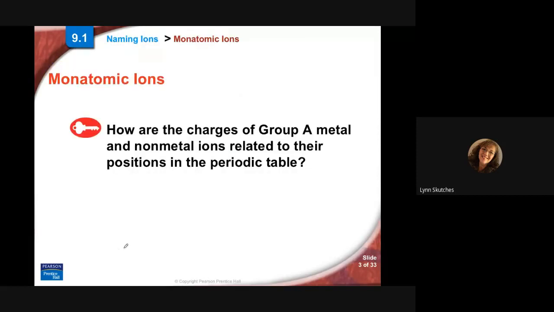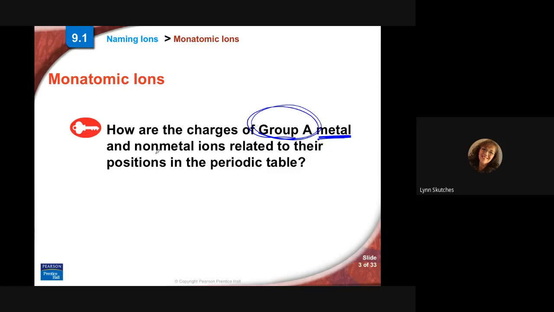We've spent a lot of time already talking about metals and nonmetals and cations and anions. I'm going to do it a little bit more and remind you that most of the stuff that I'm talking about pertains to the group A elements. And this beginning part is with the metals.